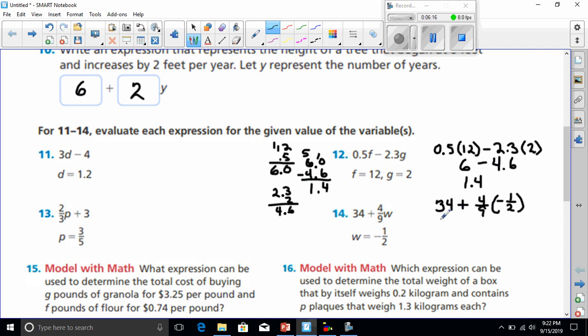So we can rewrite this. This would be 34. And well, we know that a positive times a negative is going to give us a negative. So this is going to be negative. 4 times 1 is 4.